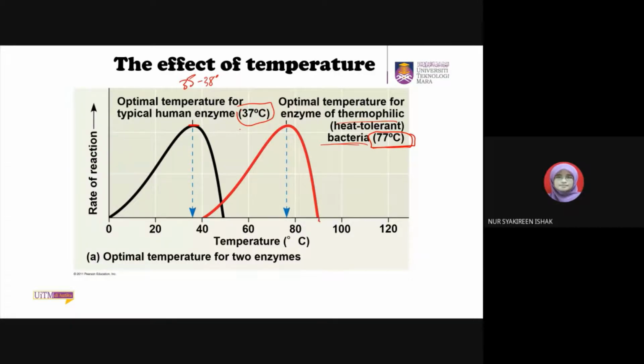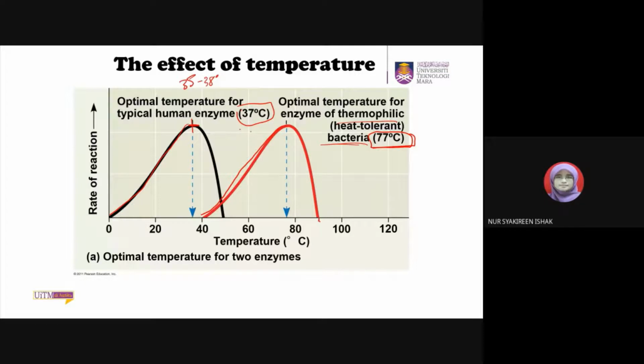For bacteria that live in really cold temperatures, such as in the Arctic or Antarctic, the optimum temperature will be lower, because it is cold there. So for this bacteria, the optimum temperature will be very, very low.